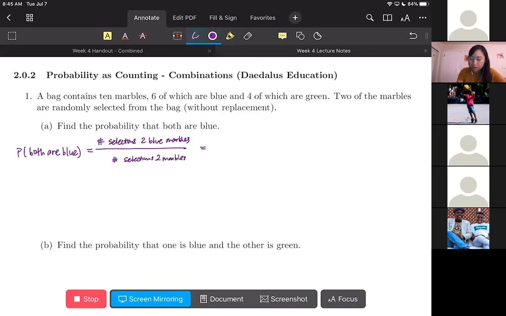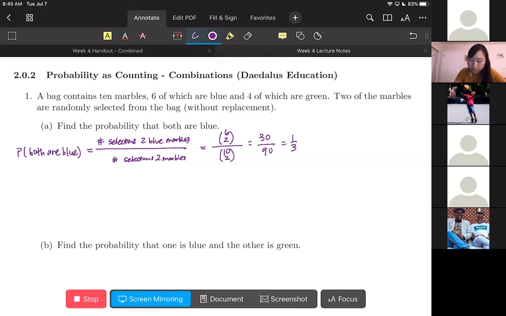If we have 10 marbles and we need to choose 2, then the total number of ways we can do that is 10 choose 2. I'll talk about this way first. For the top, 6 of them are blue, so we're doing 6 choose 2, because we're picking 2 of the blue marbles. And then this gives us 30 over 90, which is 1/3.